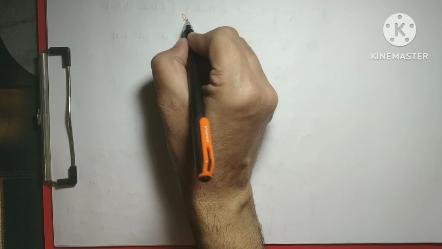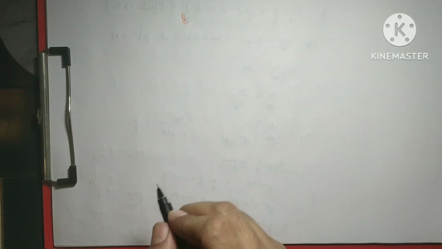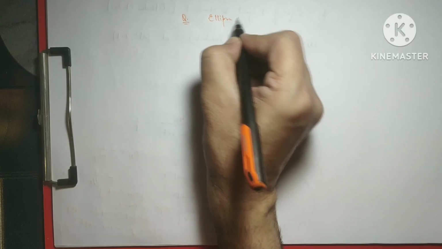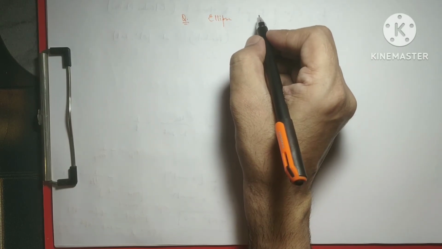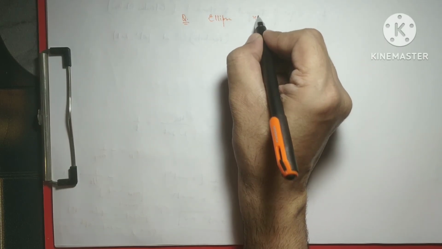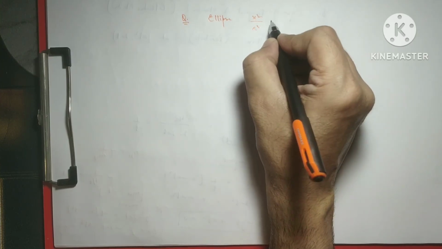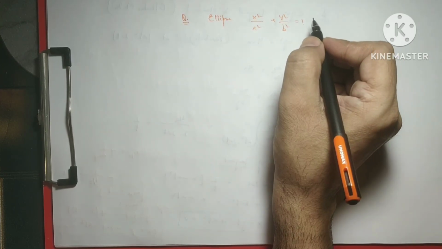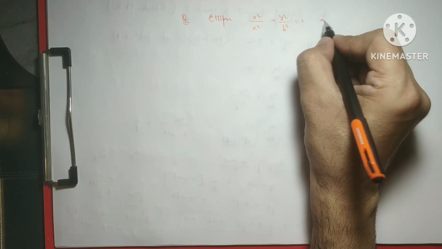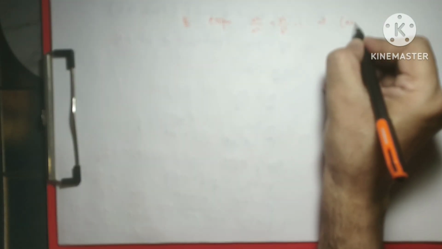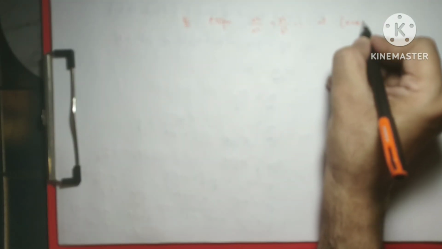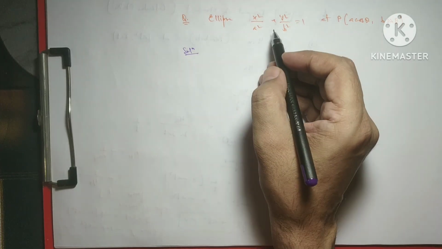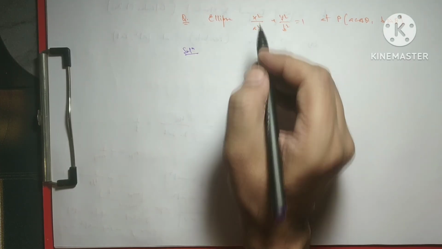Now next example, ellipse, and the equation of the curve is x square over a square plus y square over b square equals 1, and the point is a cos theta, b sin theta. We will obtain dy over dx, differentiate it.